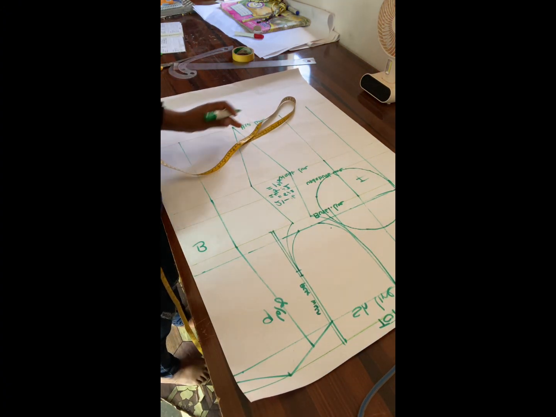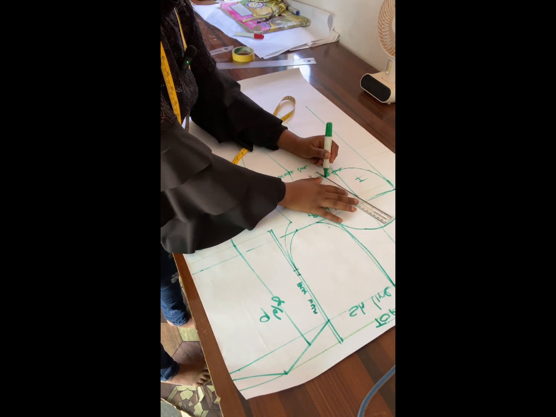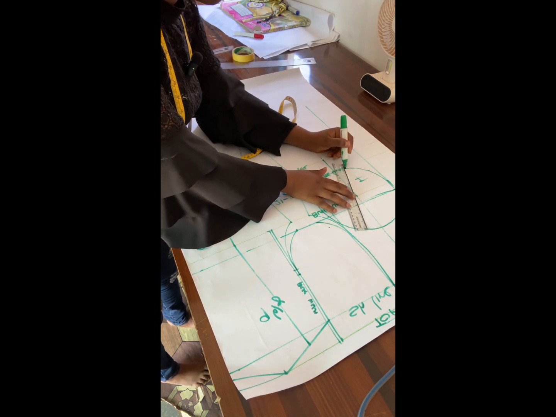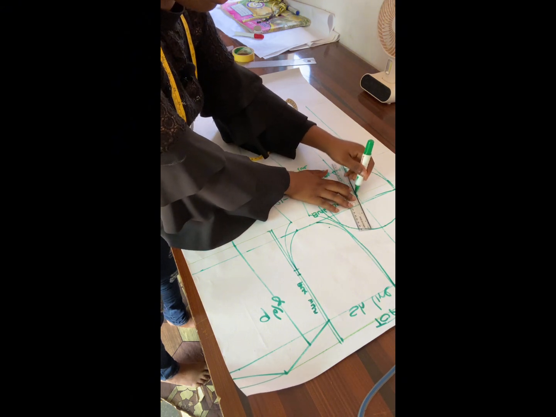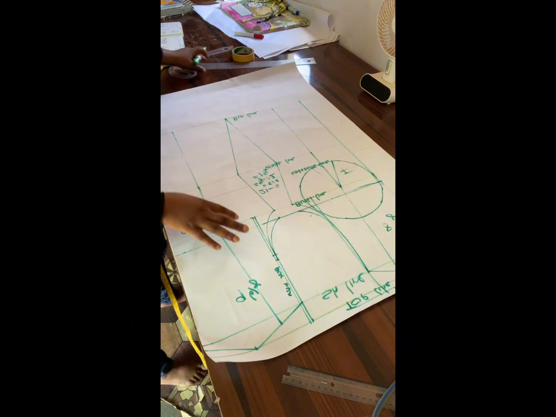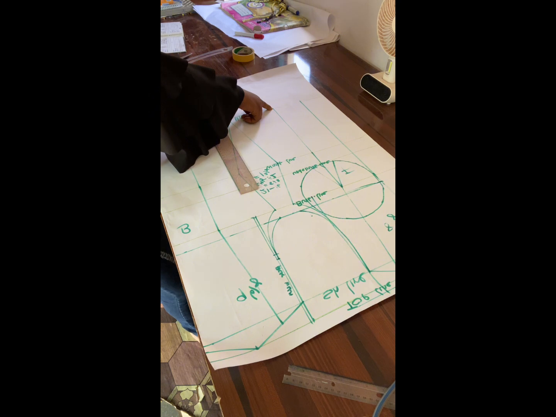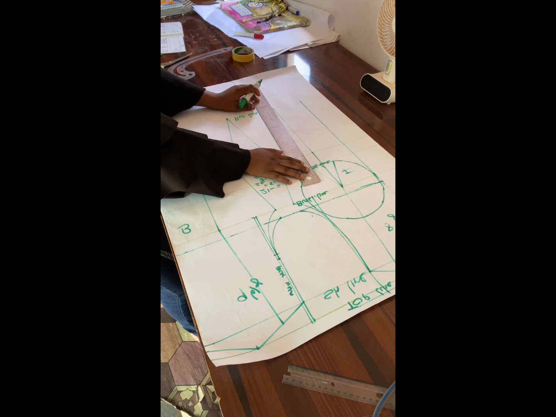I'm going to connect it to my nipple point. Now, after doing that, I'm going to connect it from here to the nipple point at the bust point, the dart point at the hip line.